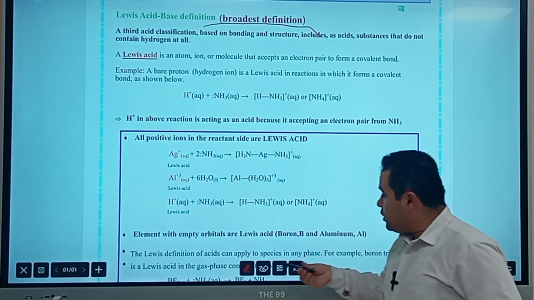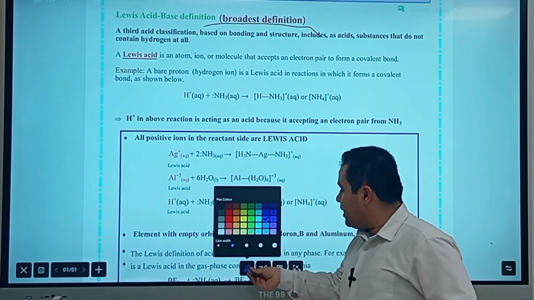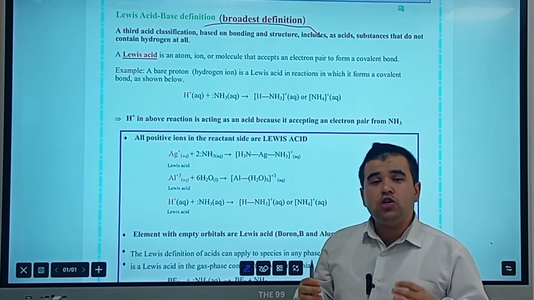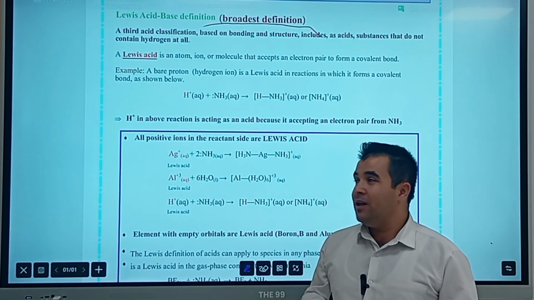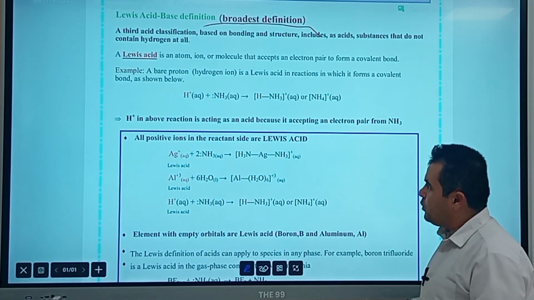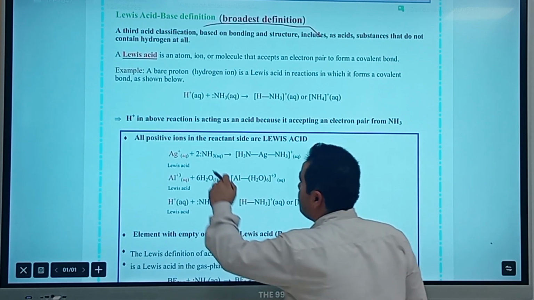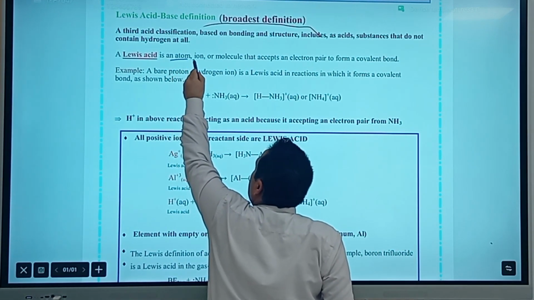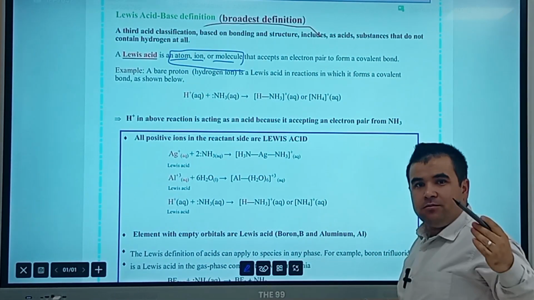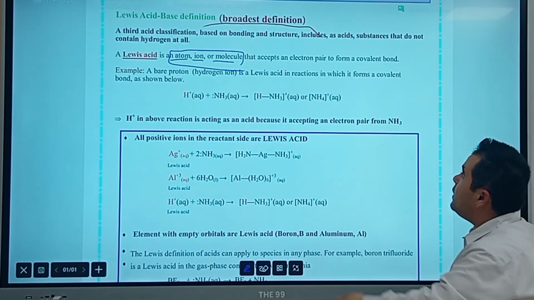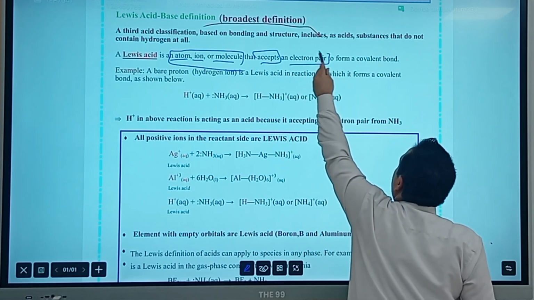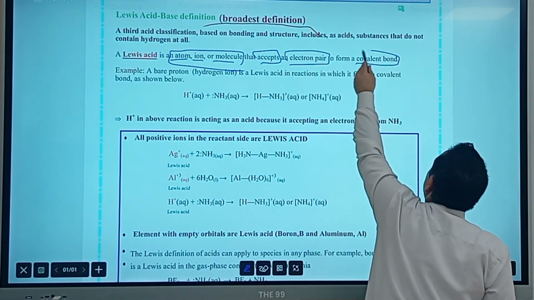But what does the definition depend on? It depends on the acceptance and donation of a pair of electrons. Let us talk about the Lewis acid, then we'll talk about the Lewis bases. A Lewis acid is an atom, ion, or molecule that accepts an electron pair to form a covalent bond.